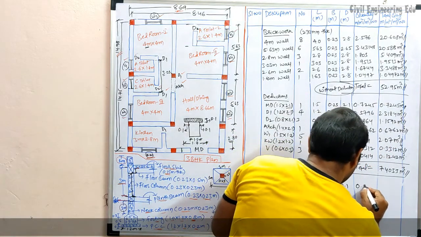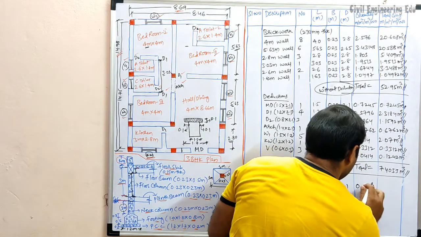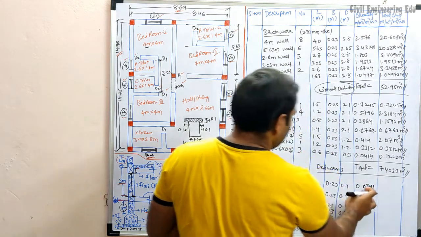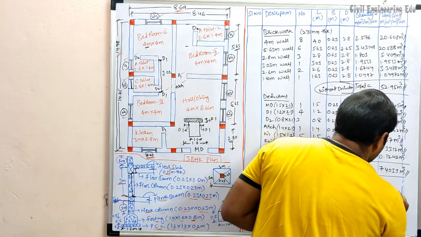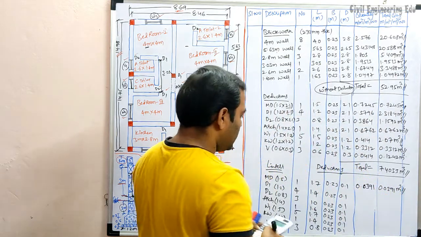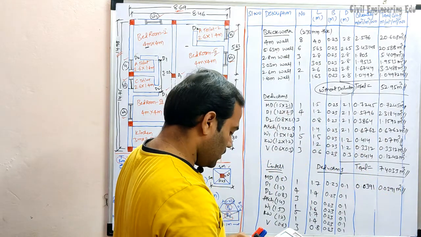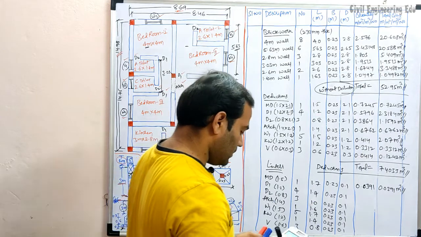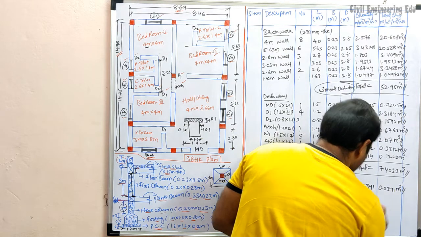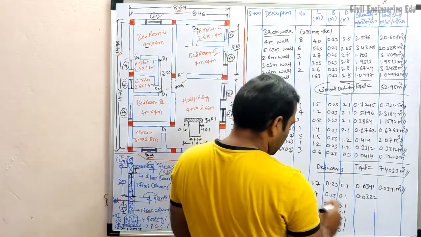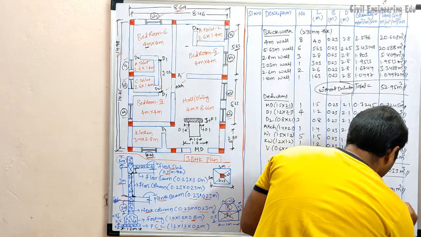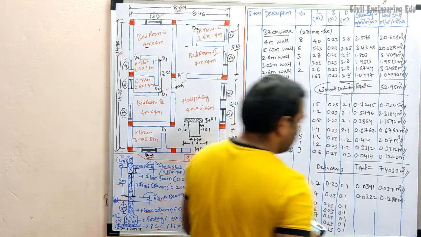0.0391 multiplied by 1, so 0.0391 meter cube. Similarly 1.4 into 0.23 into 0.1, 0.0322 multiplied by 4 numbers, 0.1288 meter cube.